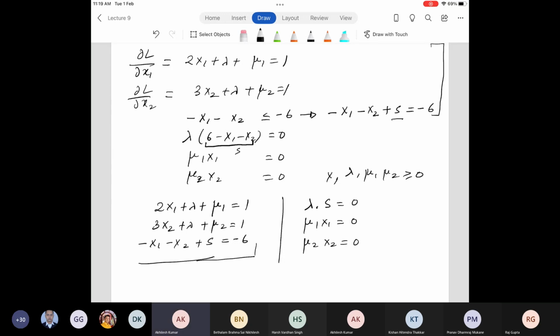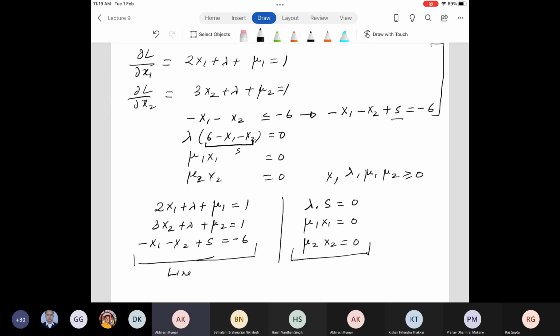Look at these three constraints and these three constraints. What are the natures of these two sets? Here one is equal to 0 and one is not equal to 0.